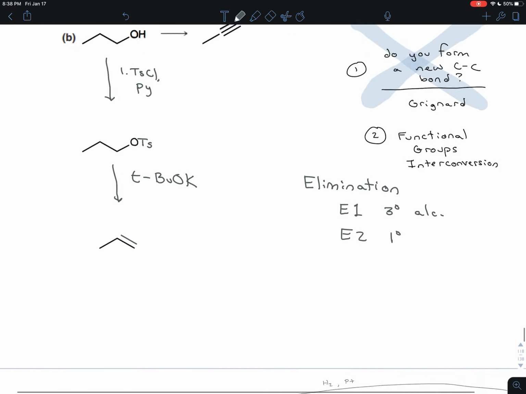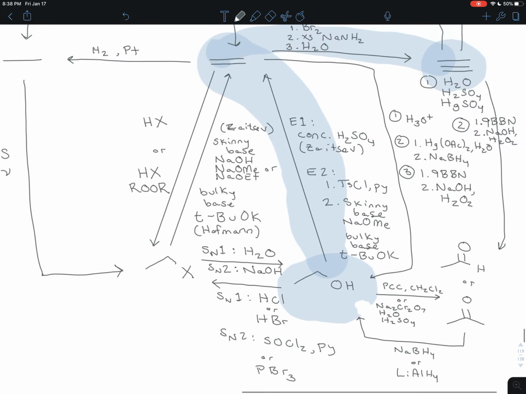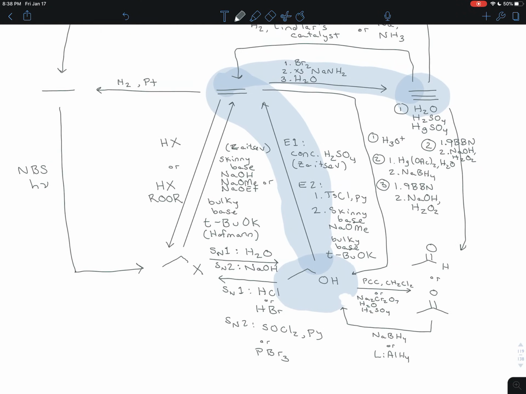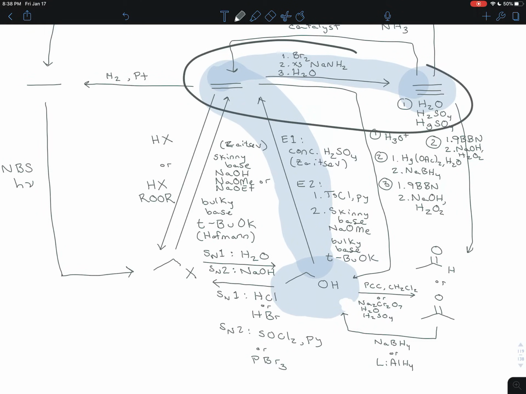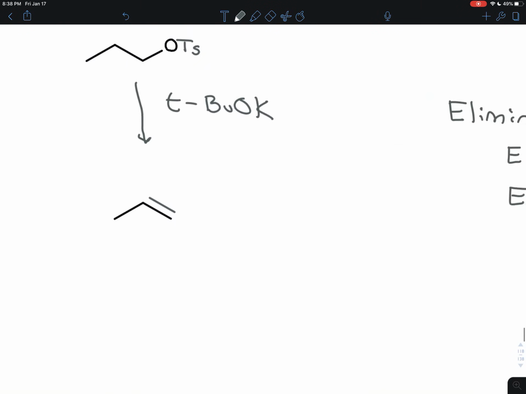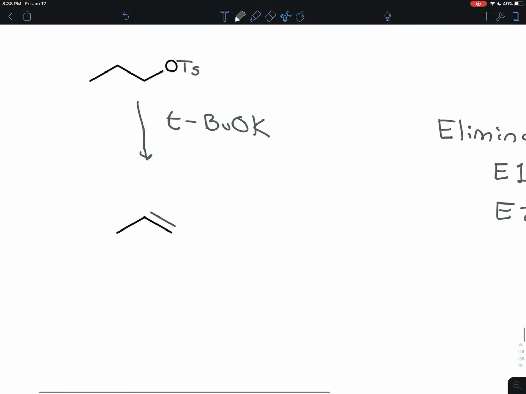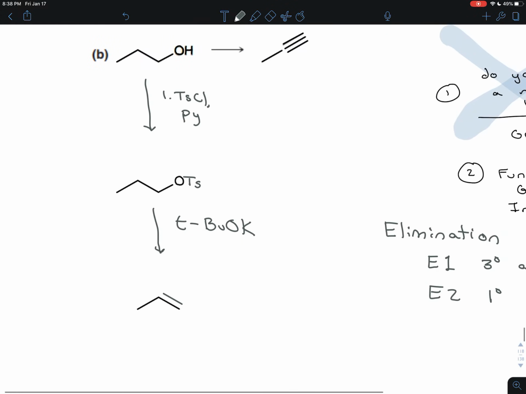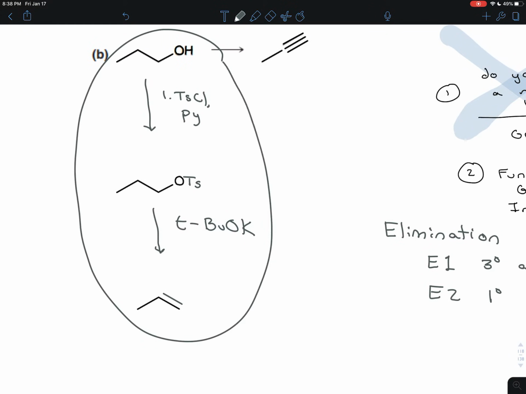Okay, so if you compare this, we've done this step, and now we are at this alkene. So now we just need to go from the alkene to the alkyne. To form pi bonds, you always do elimination reactions. You can tell even just from what we just talked about, we did an elimination reaction, we formed a pi bond.